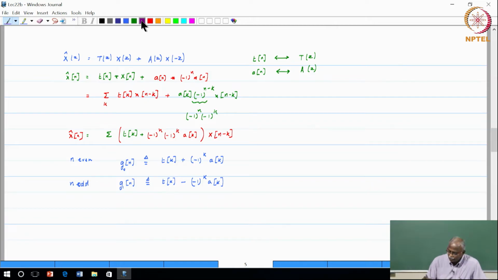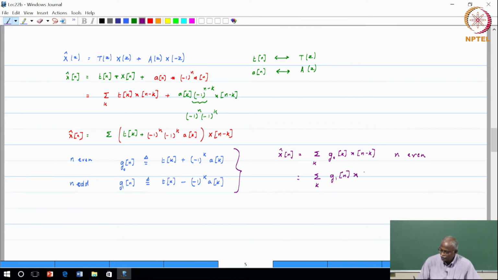So we can now combine these results into a very insightful result, which says x hat of n can be written as summation k from minus infinity to infinity, g0 of k x of n minus k if n is even, and it is equal to summation over k g1 of k x of n minus k if n is odd.